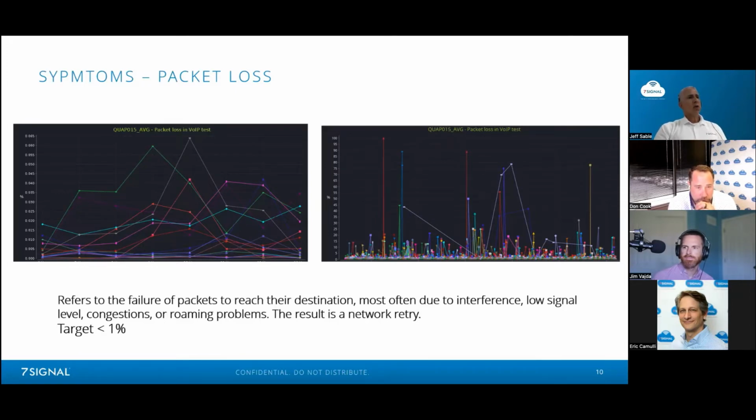And if you look at the data on the right-hand side screen, the floor looks to be above that 1% number, right? So this would be a tough environment, I think, to have reliable, high-quality VoIP calls based on the data that we're able to see right in front of us. So that's a challenge because you want to be below 1% for packet loss.